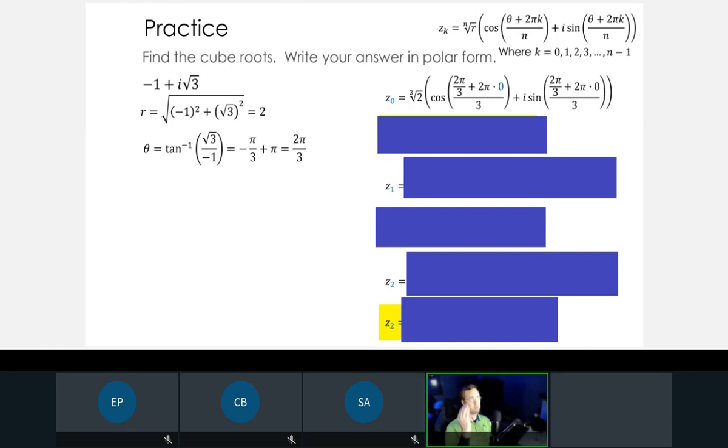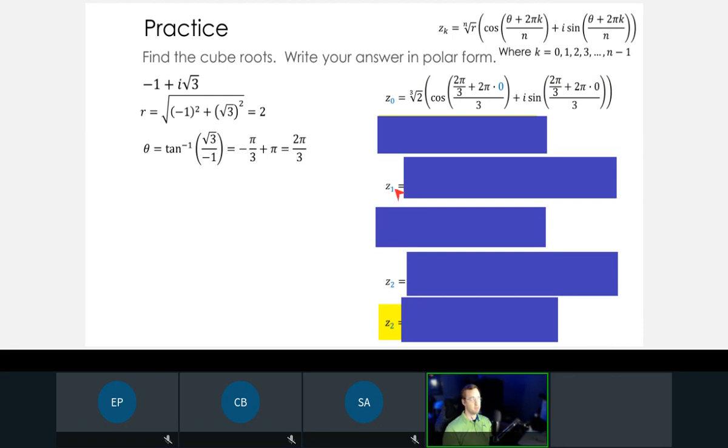So we just write it. k is 0, n is 3. So the k value is the only thing that you are going to change. k is 0 here. And that should have been blue. I don't know why it's not. So k is 0.